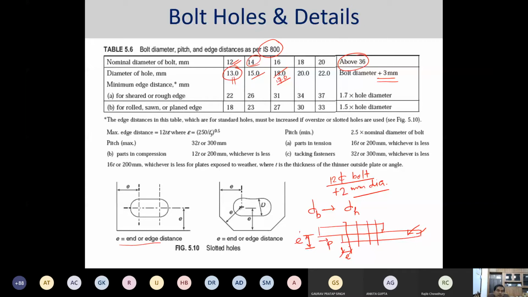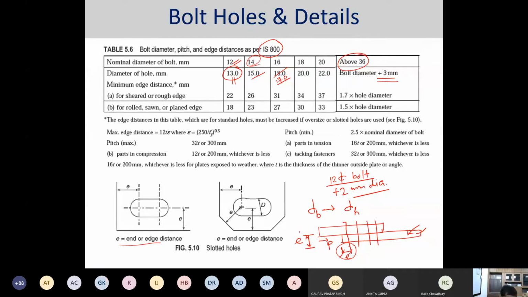One is along the force on which the entire connection is loaded, and the other is across the force, in the perpendicular direction. It is the setback that has to be provided to arrest unusual or catastrophic failure, like plate failure or bolt failure.